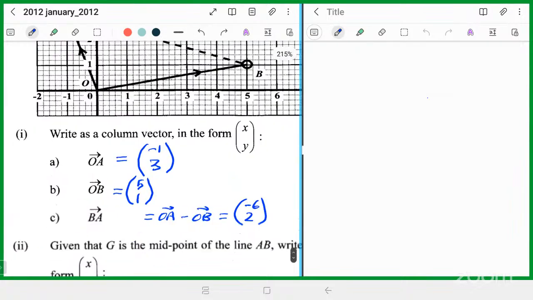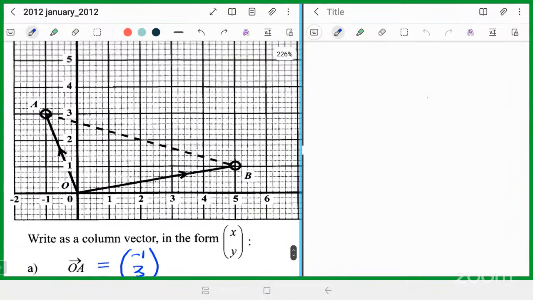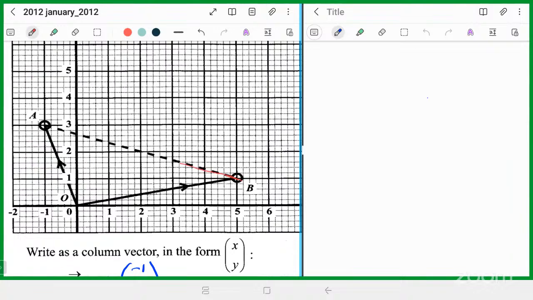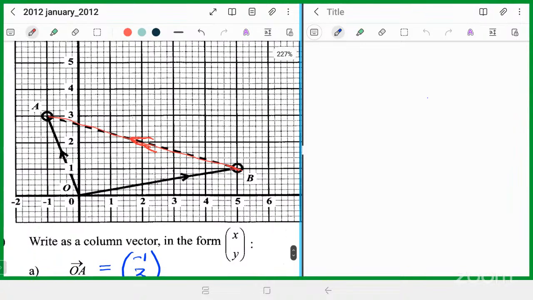Based on the calculation, we're going 6 to the left, which is 1, 2, 3, 4, 5, 6 to the left. That's a -6. And 2 up, 1, 2. That's a 2. So you know the calculation is correct based on that.